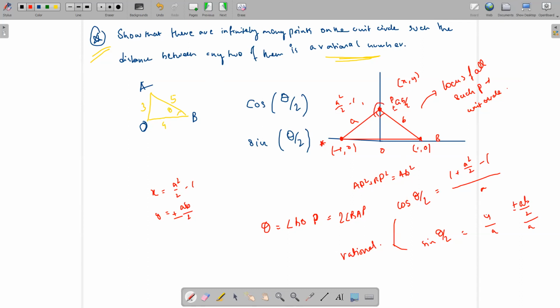Give me a concrete argument from here. You are clear up to this, right? These two are rationals. Now let's take another point, say p dash. So what is pp dash? I think my argument is different from yours. Yes, I understand what your argument is, but this is just one line.